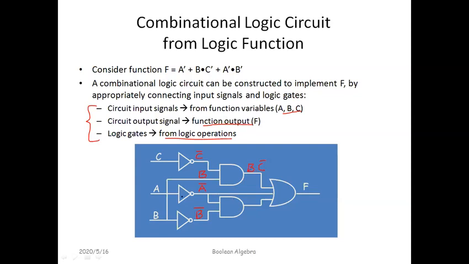We are done with the NOT gates. Now we are in the AND gates. So for this AND gate, we are tapping one input from that A bar, and the other input is the output of this NOT gate, which is B bar. So we expect that the output here is going to be A bar B bar.